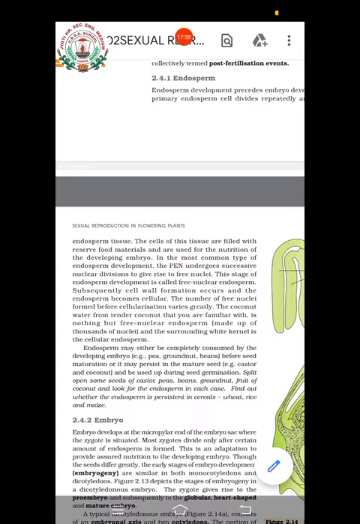One more question related to the test cross. A cross between a dominant phenotype with the recessive parent in order to check its genotype is called dash. Example, tall plant.